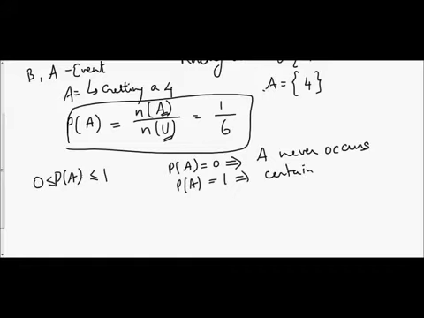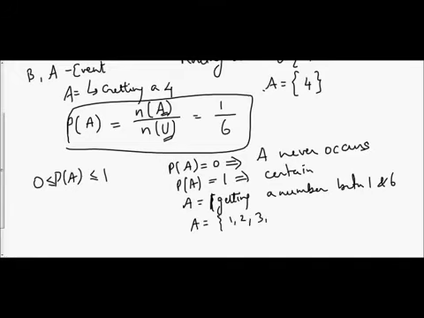Yeah, 100% sure. Say for example, in the same question of rolling a die, if you define the event A as getting a number between 1 and 6, then this A would be all the numbers 1, 2, 3, 4, 5, 6, and n of A would be 6, and n of U, as we have done, is 6.